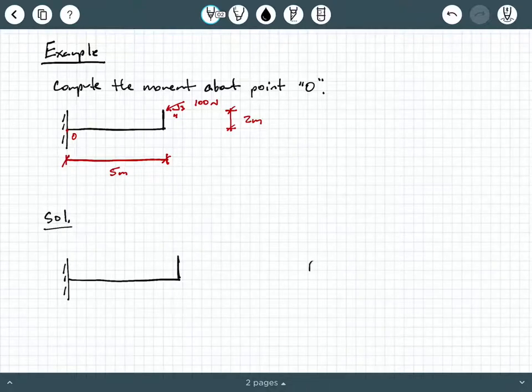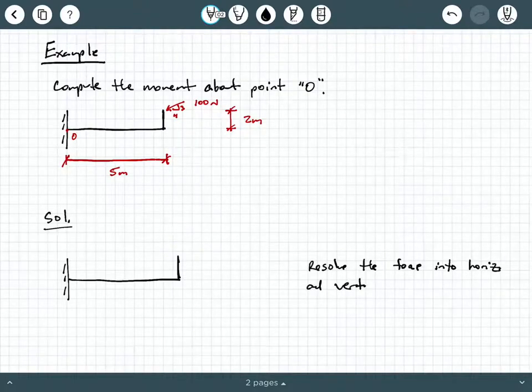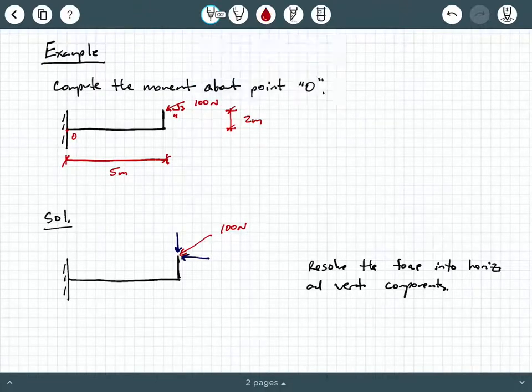And what we need to do is resolve the force into horizontal and vertical components. Okay, so yes, we have this 100 newtons here, but this can be resolved into a vertical component and a horizontal component for sure.